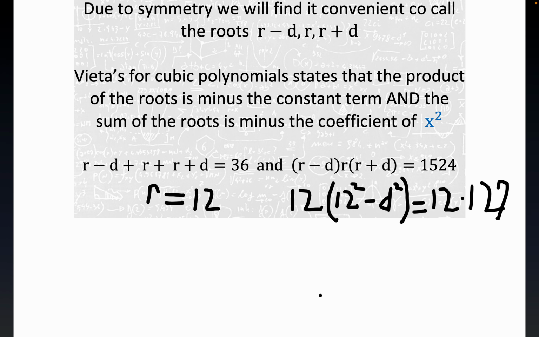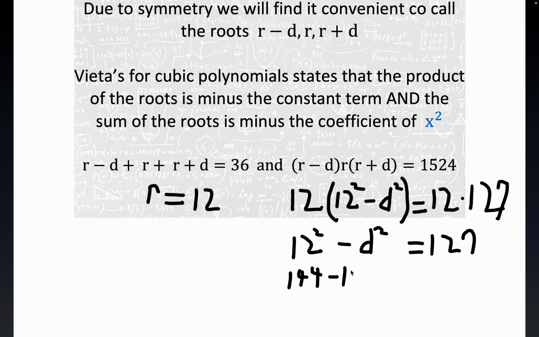But watch what happens here. We get something quite pleasing here. The 12s cancel due to the nice factoring here. So we get 12 squared minus d squared is equal to 127. Okay, and so that's equivalent to saying 144 minus 127 is equal to d squared.